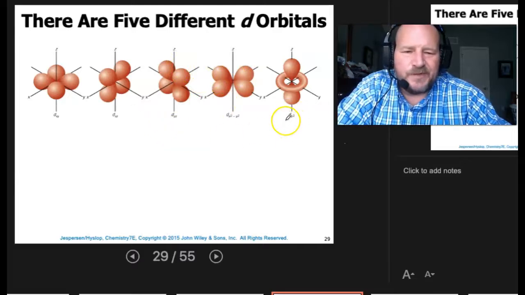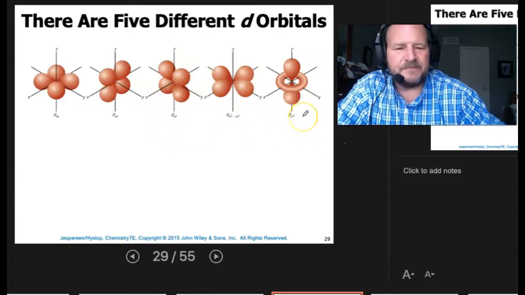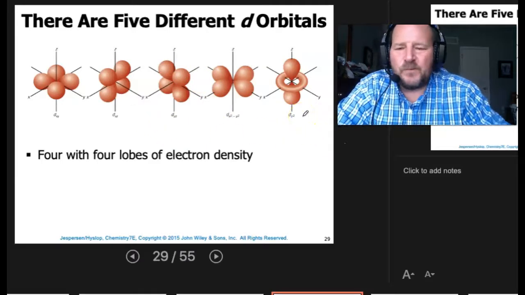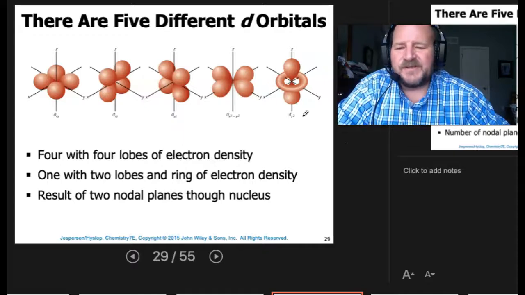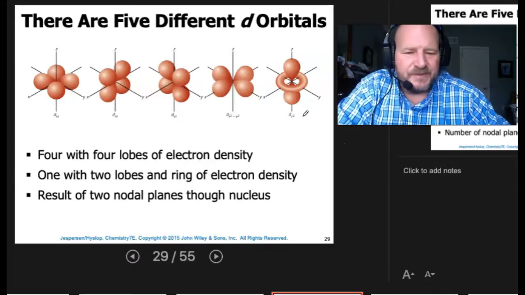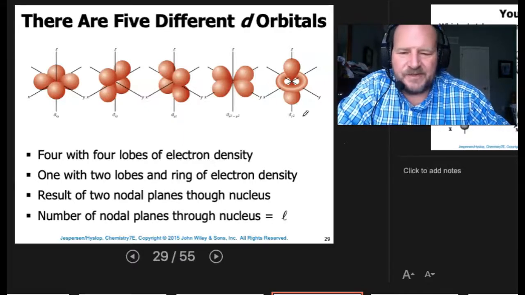And then we get this weird one, dz squared. So we have 4 with 4 lobes of electron density, and then 1 with 2 lobes, which is going to develop that ring of electron density around it. The result of this will be 2 nodal planes through the nucleus. Now, the number of nodal planes through the nucleus will be equal to l. I wouldn't worry about that too much.